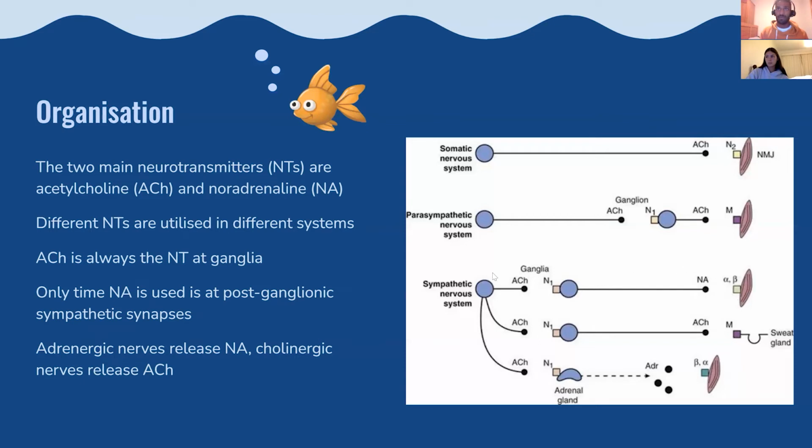So here, we have a preganglionic nerve, which releases acetylcholine, and a postganglionic nerve, which releases noradrenaline. The only exception to that is at sweat glands, where your postganglionic sympathetic nerve will release acetylcholine. Okay, and these nerves that release noradrenaline are called adrenergic nerves, and the nerves that release acetylcholine are called cholinergic nerves.